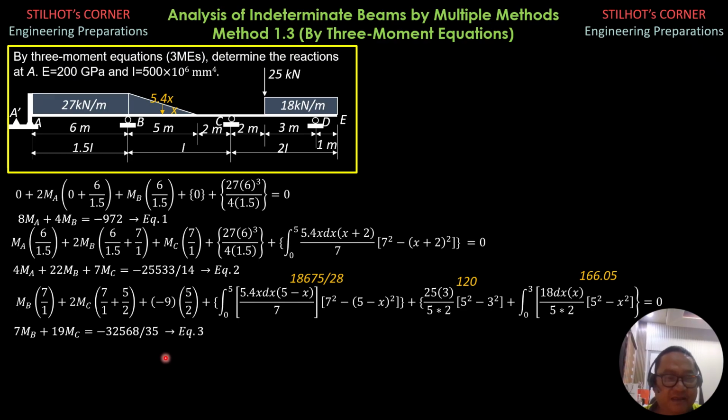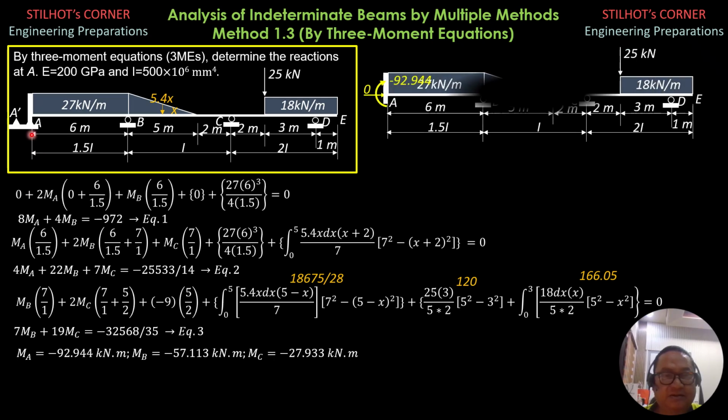So solving these equations 1, 2, and 3 simultaneously, we will get the following results. So MA is negative 92.944 kilonewton meter, MB negative 57.113 kilonewton meter, and MC negative 27.933 kilonewton meter. We then apply this to this beam here, then analyze the reactions at A, and the moment at A is already known, AX is 0, of course.